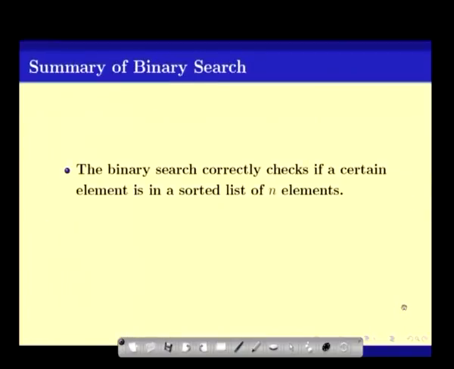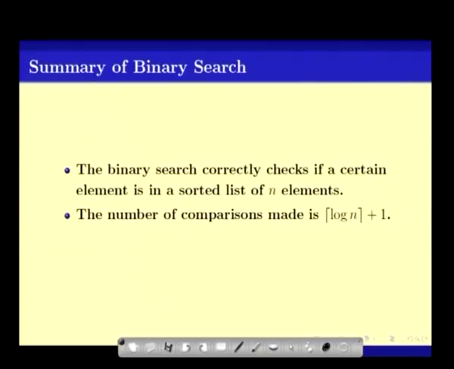Now, to summarize binary search, the binary search correctly checks if a certain element is in a sorted list of n elements. It is crucial that it is a sorted list and not just any randomly ordered list. The number of comparisons made is log n plus 1. This is something we did in the last lecture.